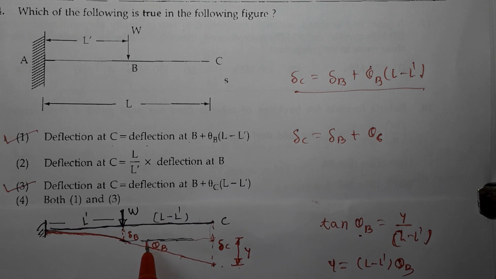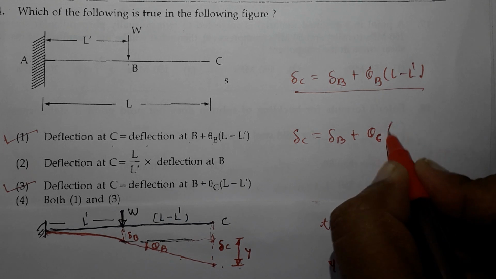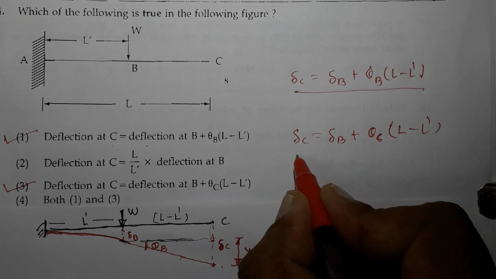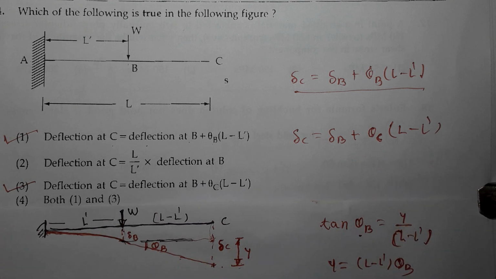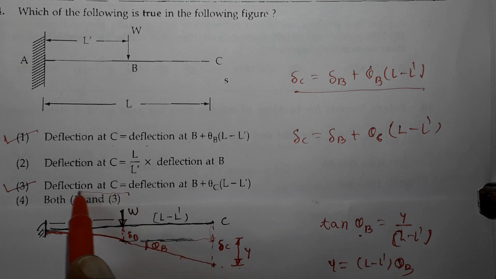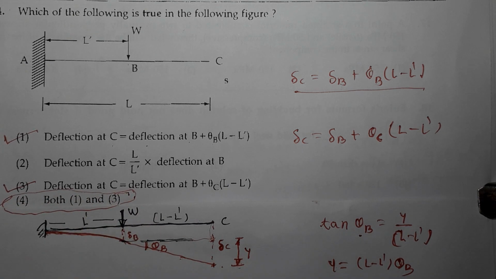So whatever is the value of theta B, the same is the value of theta C, and that is why delta C equal to delta B plus theta C into L minus L dash is also correct. As these two are correct, the correct option will be both 1 and 3. So option 4 is the correct option for question number 24.